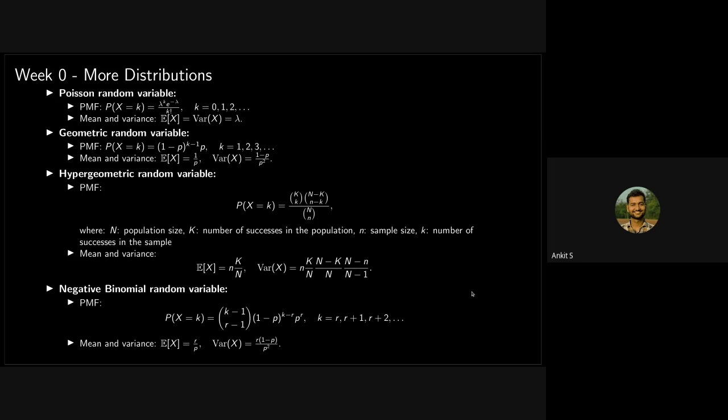You set the time interval as, for example, 20 minutes, and you count the number of people coming in the 20 minute interval, then it will follow a Poisson distribution. These kinds of things follow Poisson distributions. Then geometric random variable. These all have some real life uses, and these are very common. That's why we have listed them here.